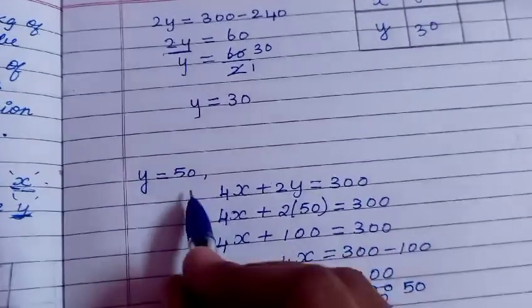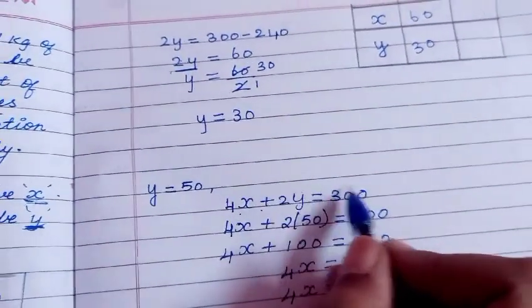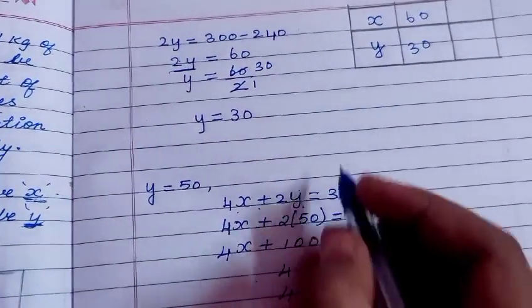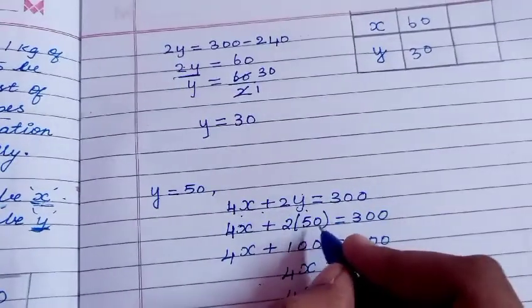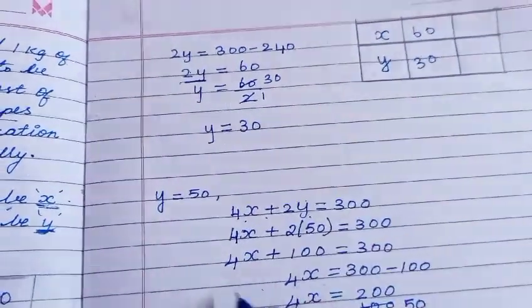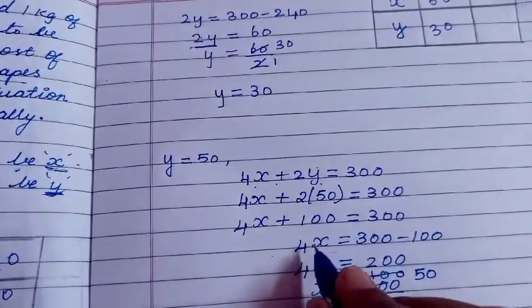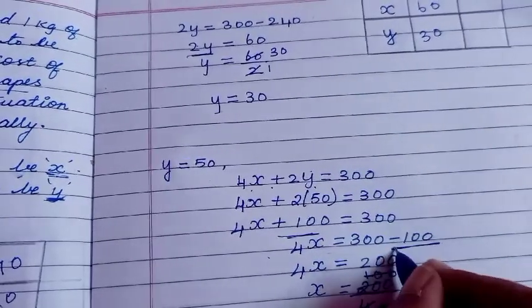Now if I take y as 50, 4x plus 2y is equal to 300 is the equation. I'm going to replace y with 50. 4x plus 2 into 50 is equal to 300. 4x plus 100 is equal to 300. Now this plus 100, when you transpose it to the other side, becomes minus 100.